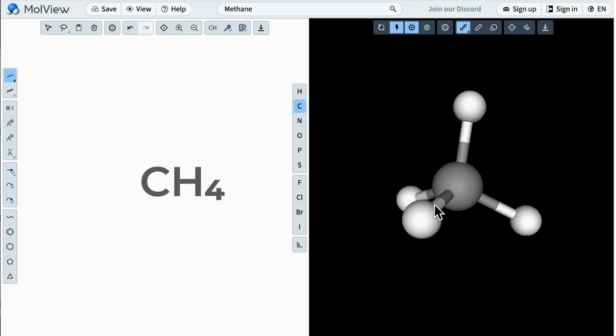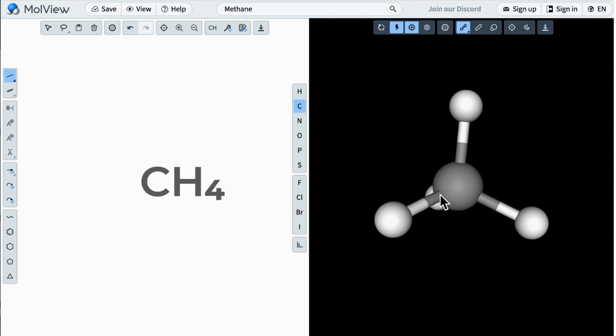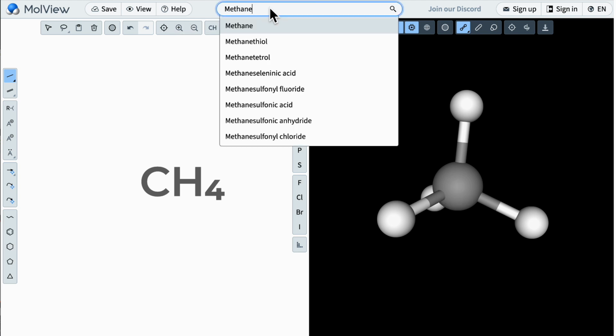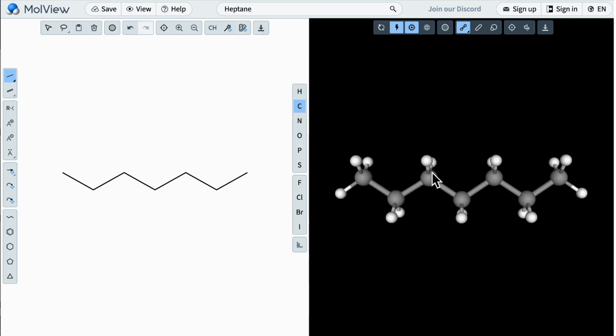So this one right here is coming towards you. That other one back there is going to the back. So this is what I want you to start percolating in your brain before we get to those later chapters. And you can search up any compounds that you want here. They are most likely going to be here.